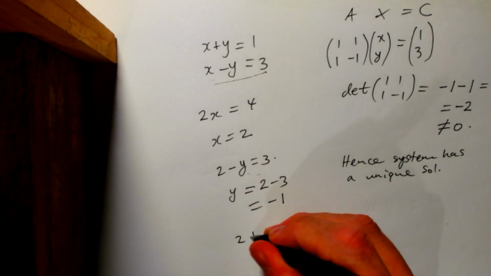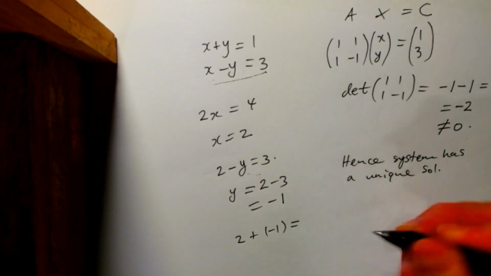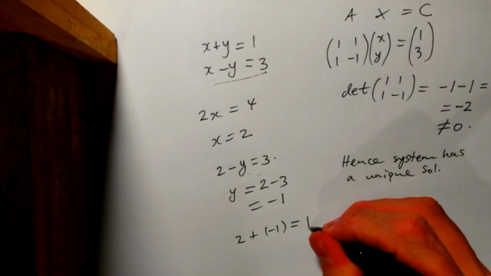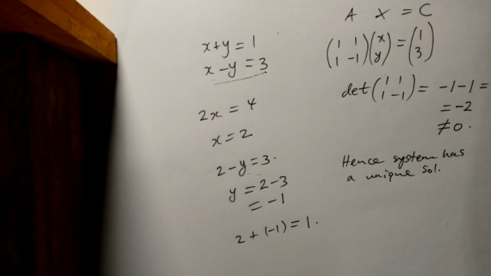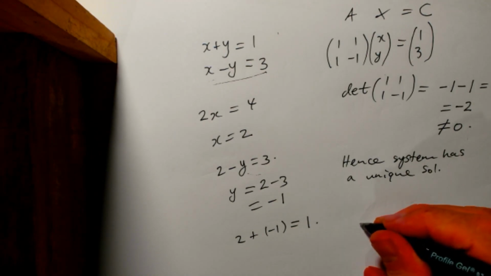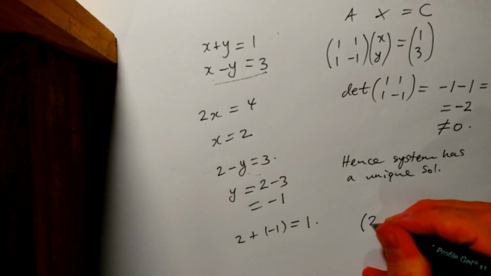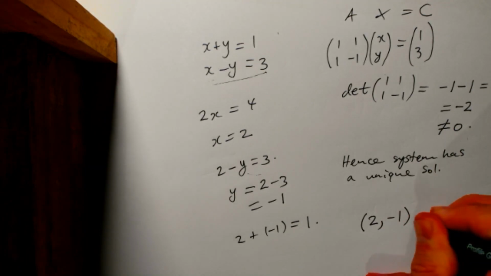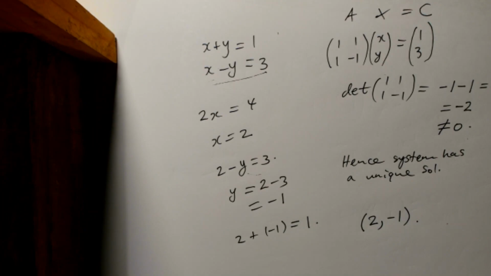Because 2 plus minus 1 equals 2 minus 1, which is 1. So this agrees with the first equation. So we have a point of intersection of the lines, which is the point (2, minus 1). Okay, so it has a unique solution, and yes, we're easily able to find it.